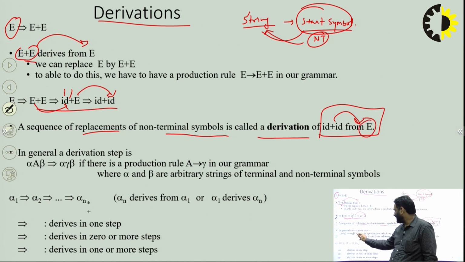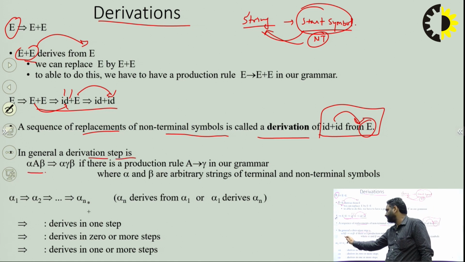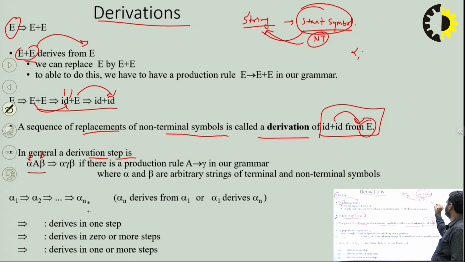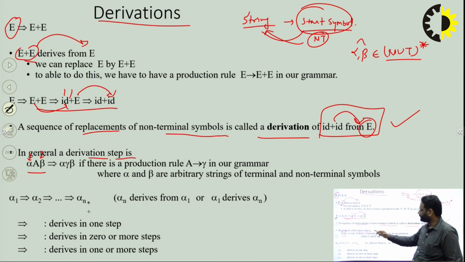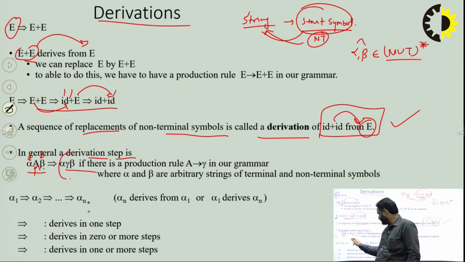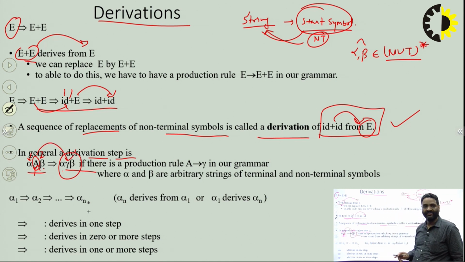In general, a derivation step is this one, where alpha and beta. What is alpha and beta here? I told you that alpha and beta are all possible combinations of non-terminal and terminal. So alpha, then we have a non-terminal, then we have beta. This is converting to alpha, gamma, beta. But when we are converting, there must be a production where this replacement can be achieved.